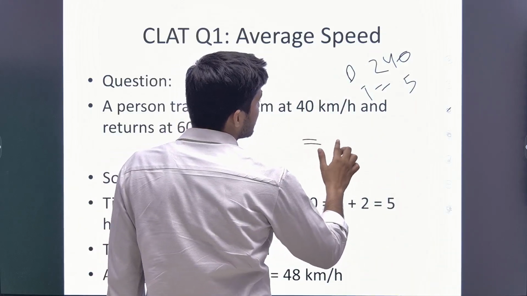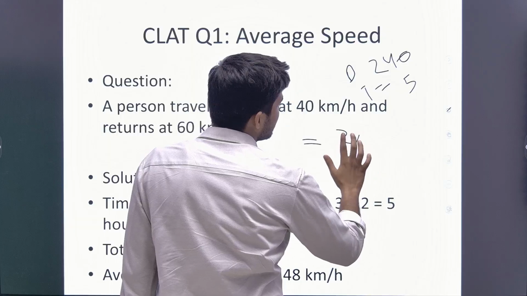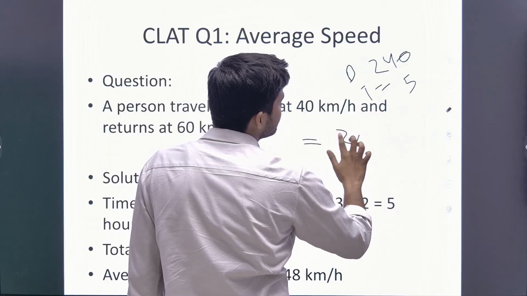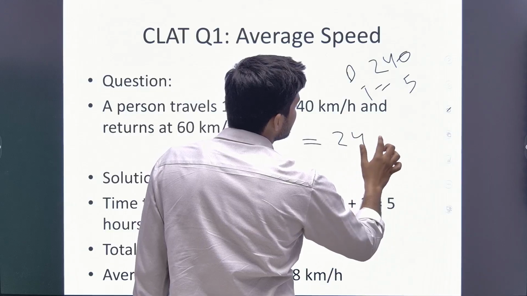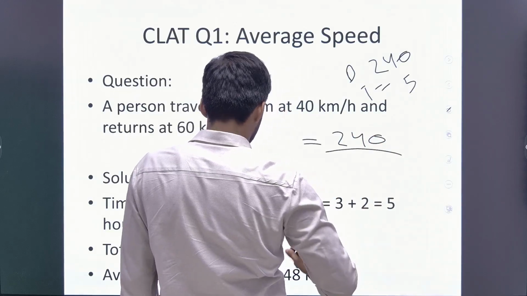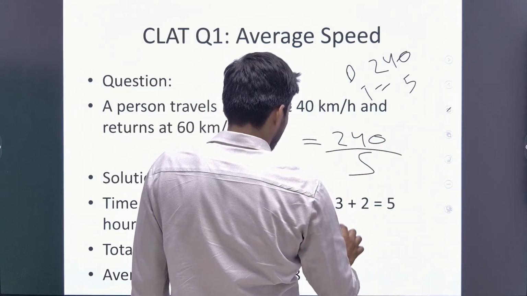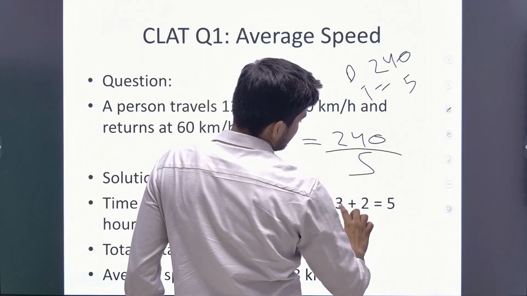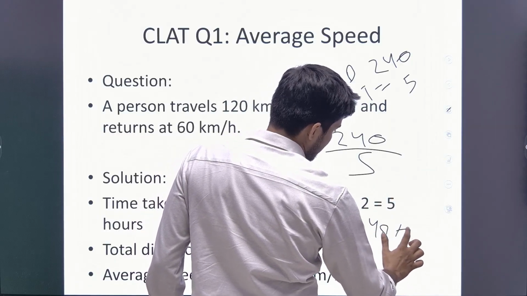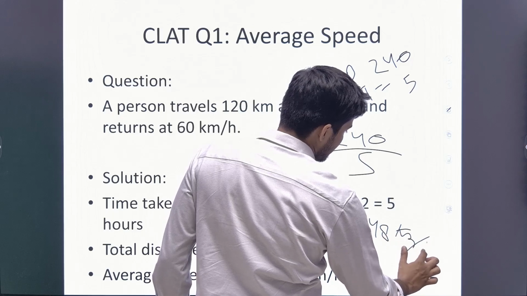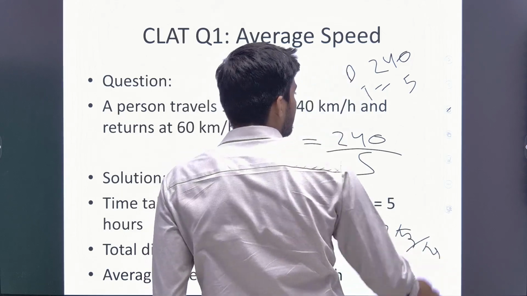We'll do it like 240 divided by 5, which is equal to 48 kilometer per hour.